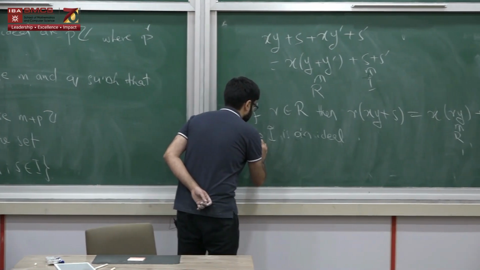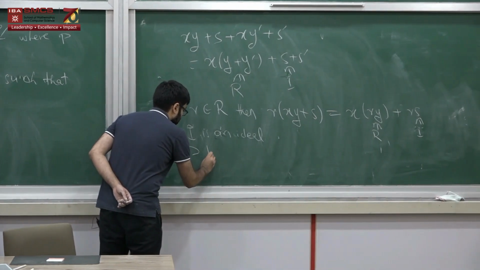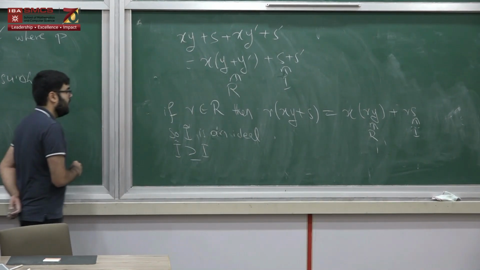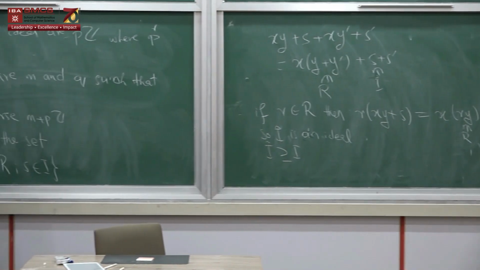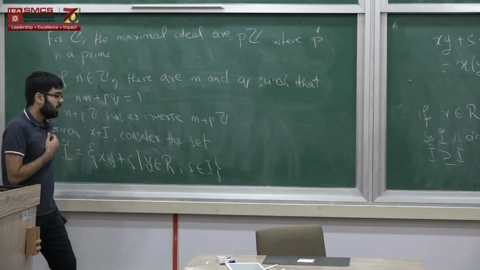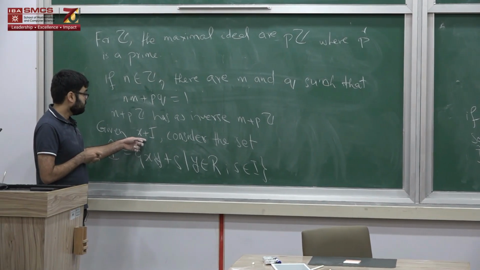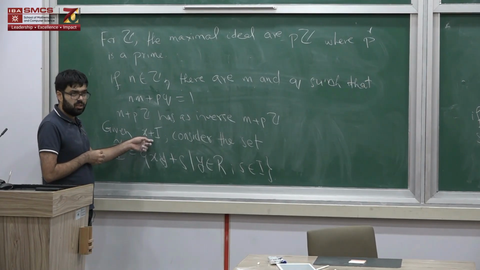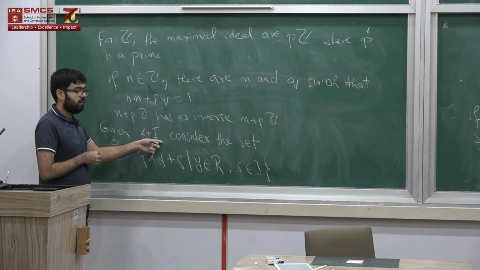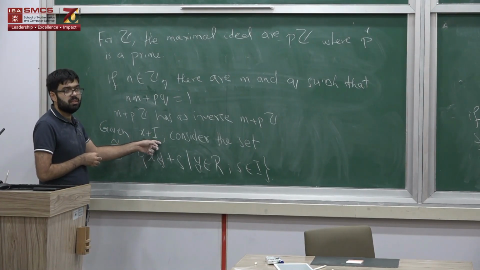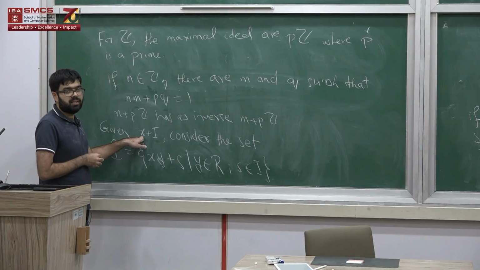I tilde contains I, but it might be exactly I. So I have x plus I. If x plus I represents a non-zero element of my quotient ring, then this x is not in the ideal.